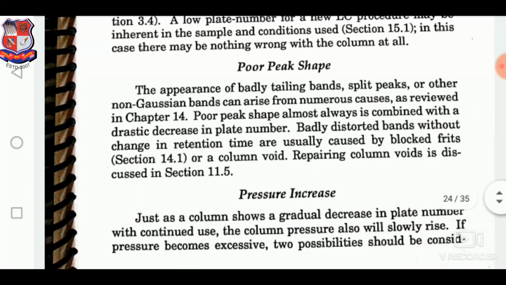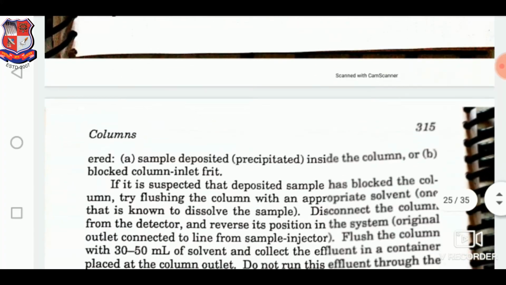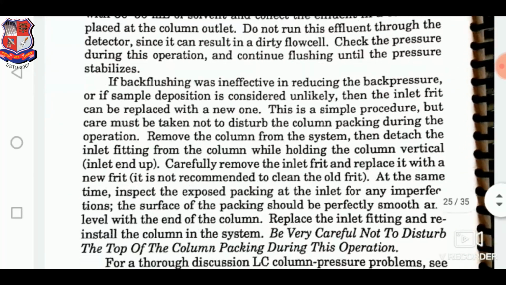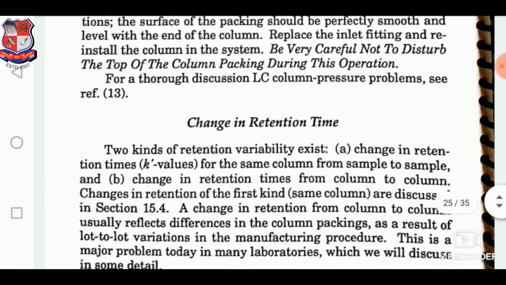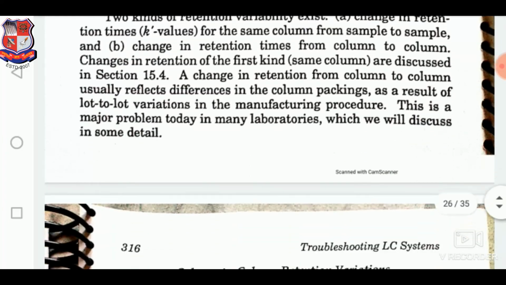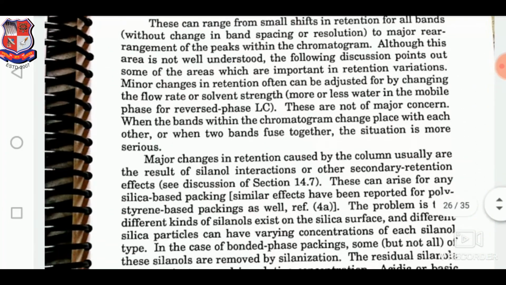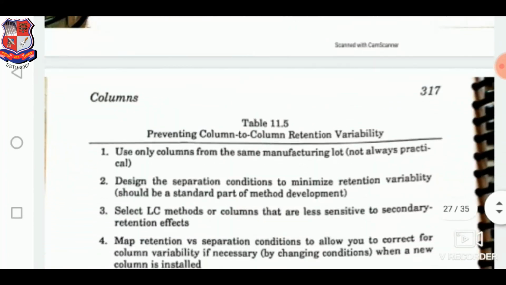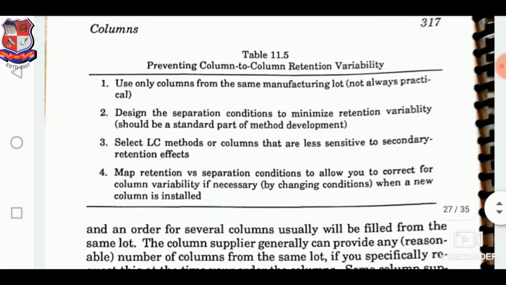Poor peak shape: how can we reduce it? Pressure increase: there may be chances of pressure increase. Change in retention time: now this is the most crucial. This is the text for that. Preventive maintenance for retention variability: how can we prevent this type of variation? Use only columns from the same manufacturer lot, not always practical.